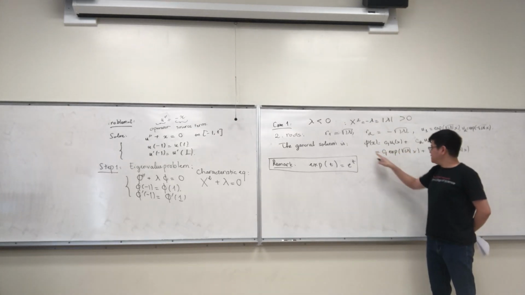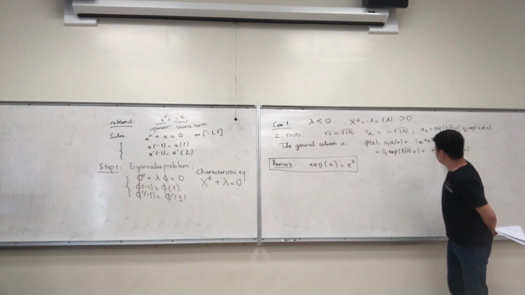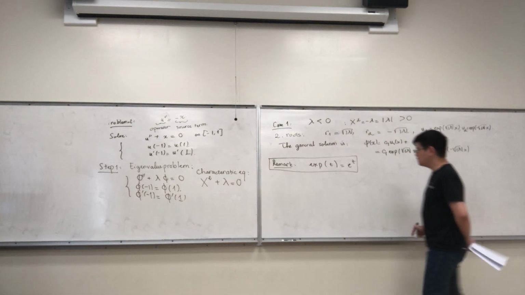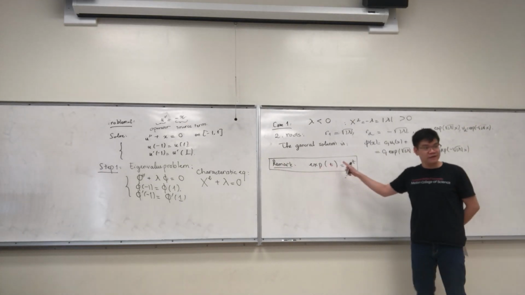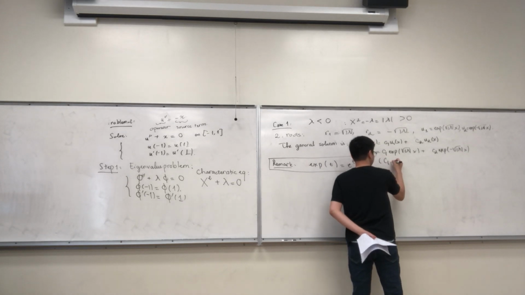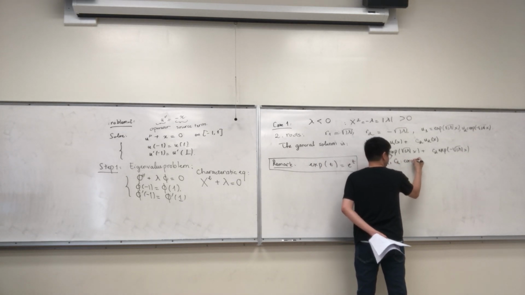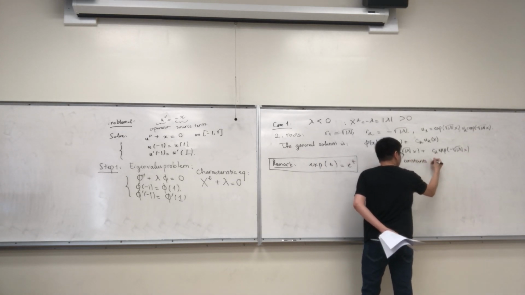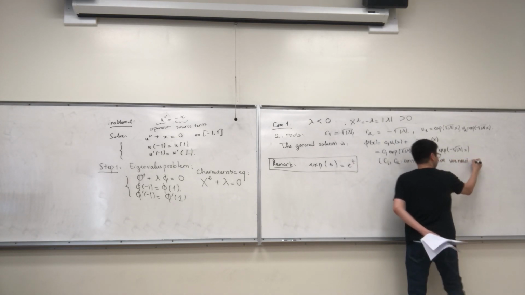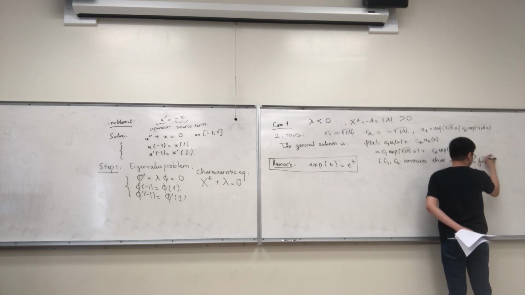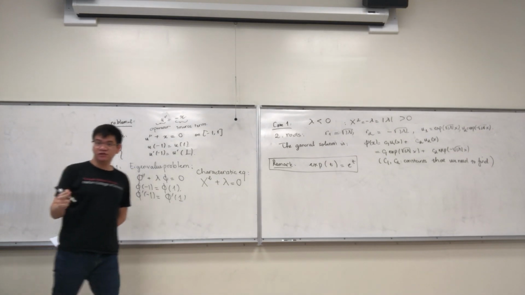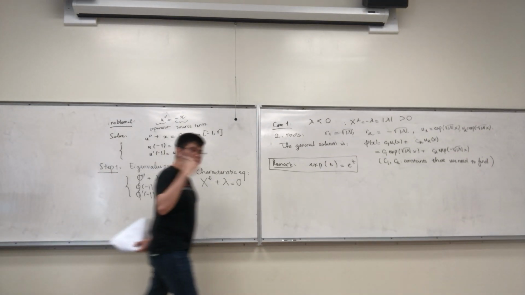The solution will be c1 u1 plus c2 u2. So c1 and c2 are two constants that you have to find using the boundary condition.